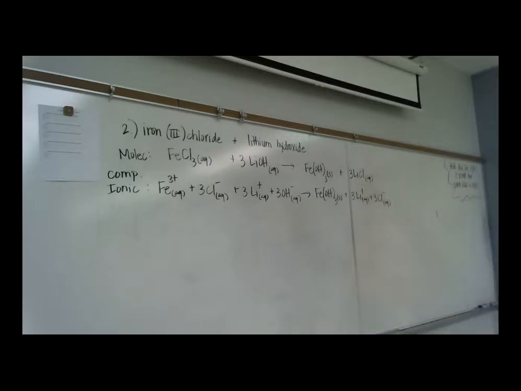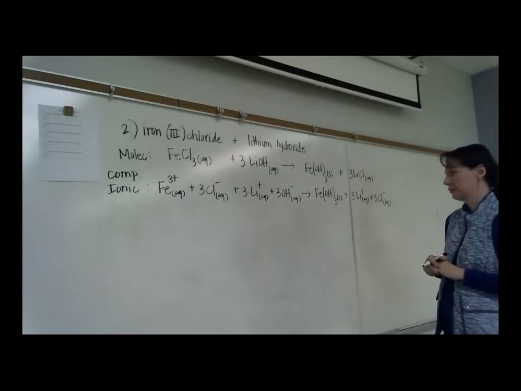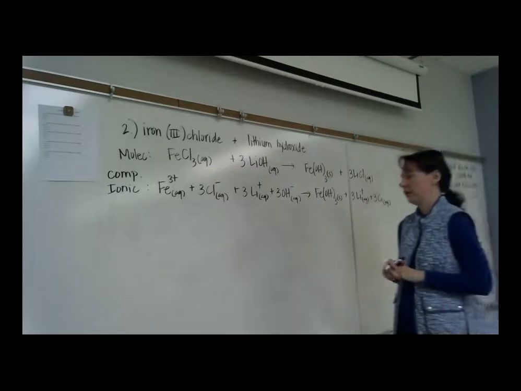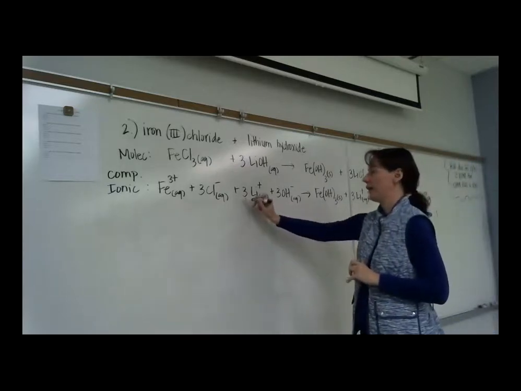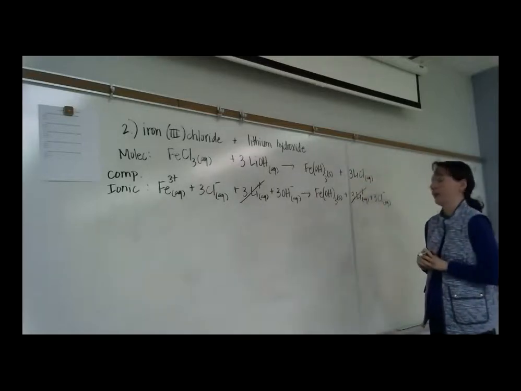All right, complete ionic is redundant though, isn't it? Because if there are substances that start out and end the exact same way, then they didn't really do anything. So what are my spectators that I can cross out? What are they? Li+ is one of them. Notice my coefficients match. And what's my other spectator?